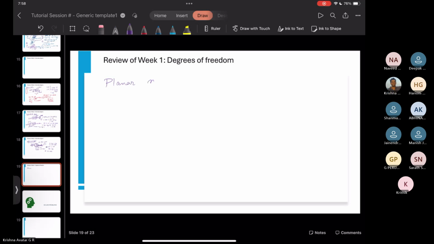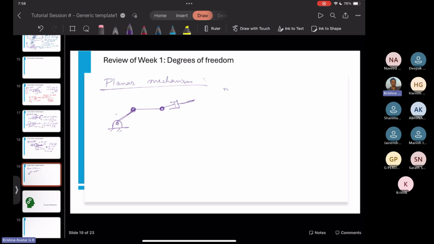For planar mechanisms, if you have a number of links, I'm just trying to draw some abstract example again. So links, joints, say something like this.